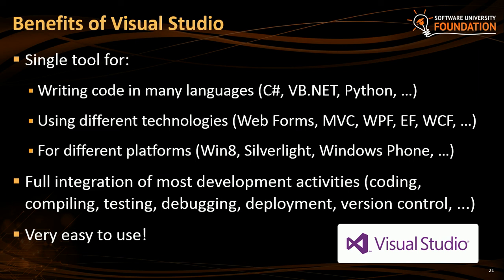You can combine C# and Visual Basic and other code. You can combine different technologies like MVC, web forms, and others. There are different platforms based on .NET, but it's not universal. You cannot write PHP code here. There is an additional plugin, but it's not universal.